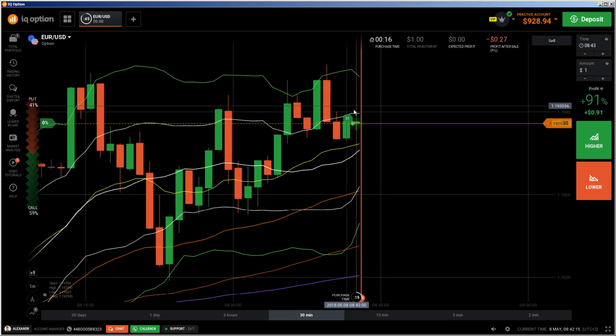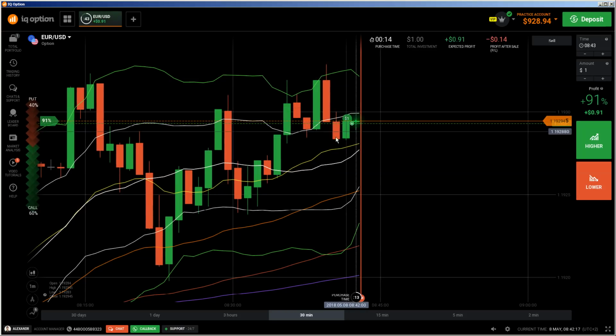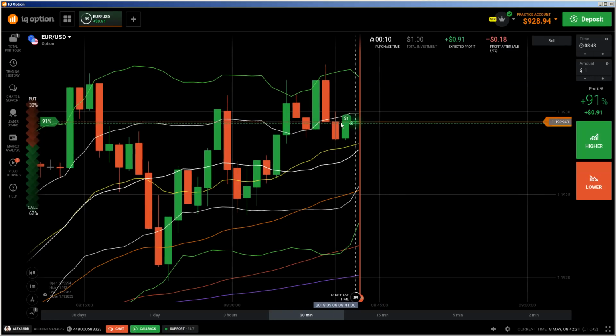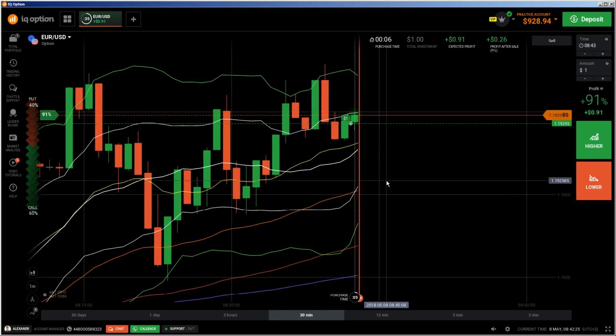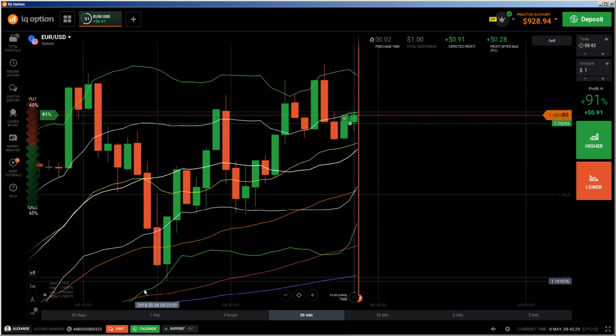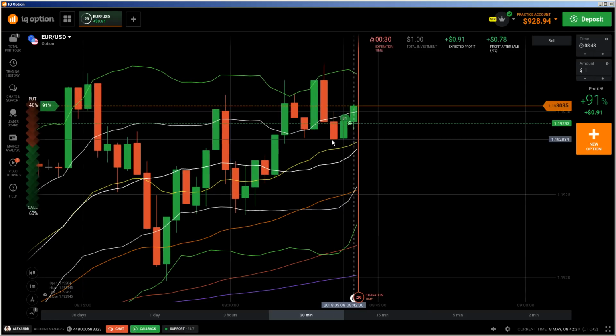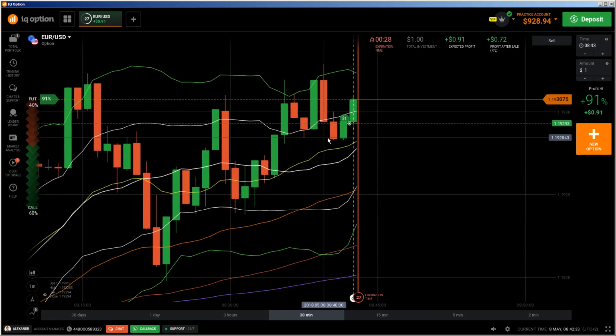This candle here is nothing else than an engulfing candle, and I could not wait here for any kind of rejection because this candle is close to this candle, and that's the reason why I entered into a call. Because we have an uptrend and an engulfing candle, and that is all you need.